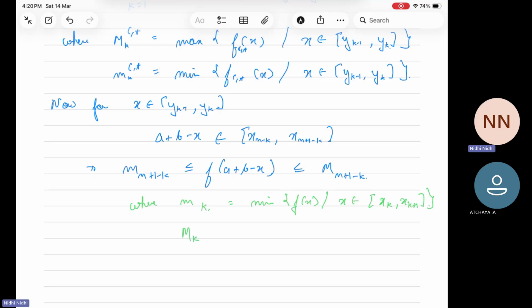And capital M_k is the maximum of the function f(x), where x lies in the interval x_k to x_{k+1}.